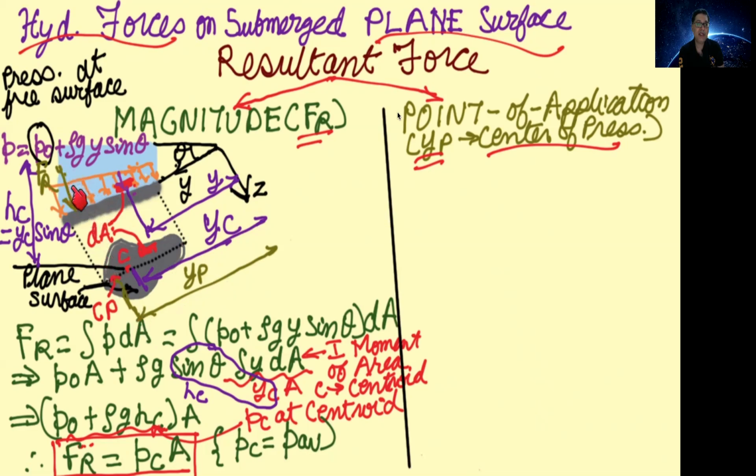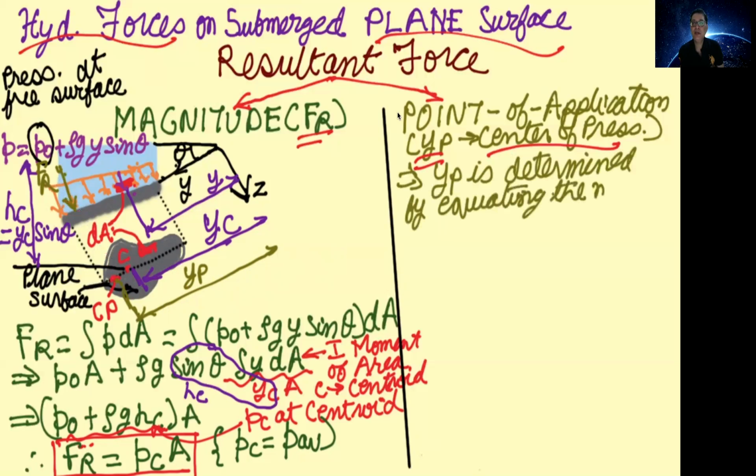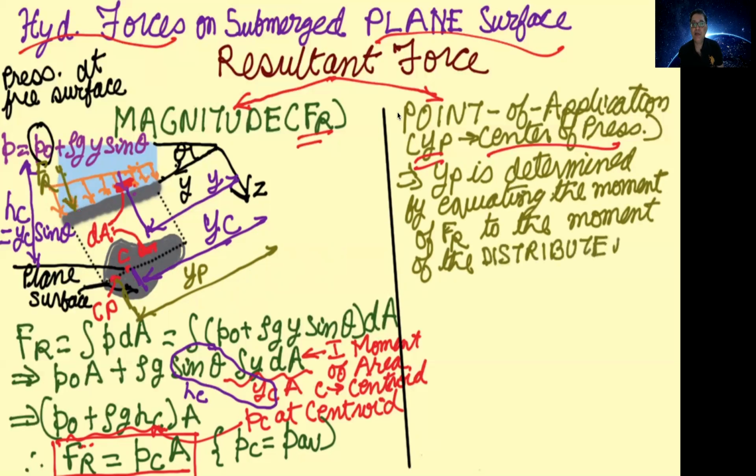This arrow represents the resultant force Fr, and its point of application corresponds to the coordinate yp, which is shown here as the center of pressure. This yp is determined by equating the moment of Fr to the moment of the distributed pressure force about the x-axis. The x-axis is perpendicular to this plane.